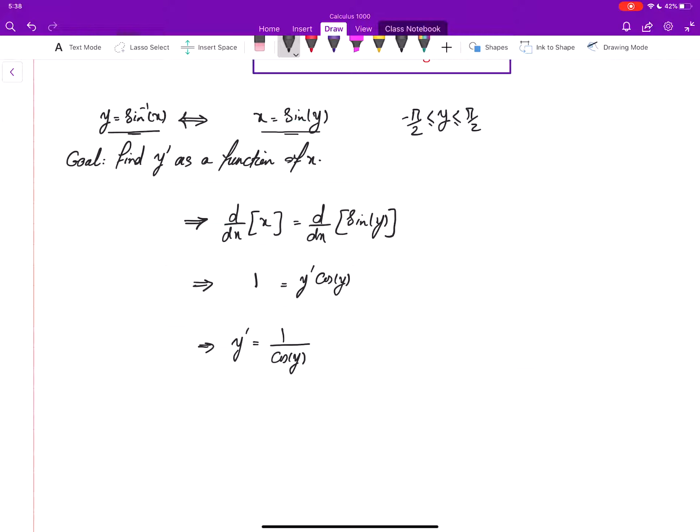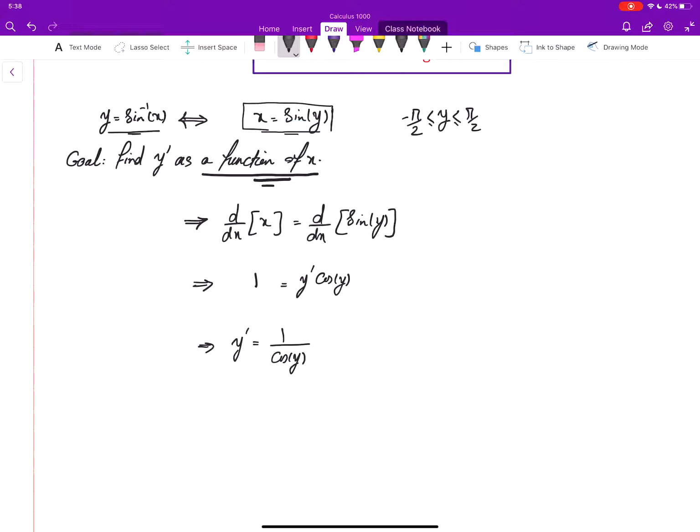Well, not really. We are looking for y prime as a function of x, not a function of y. That means that we have to turn 1 over cosine y and write it in terms of x. You see, this equation here says that wherever you see sine y, you can write x for that.